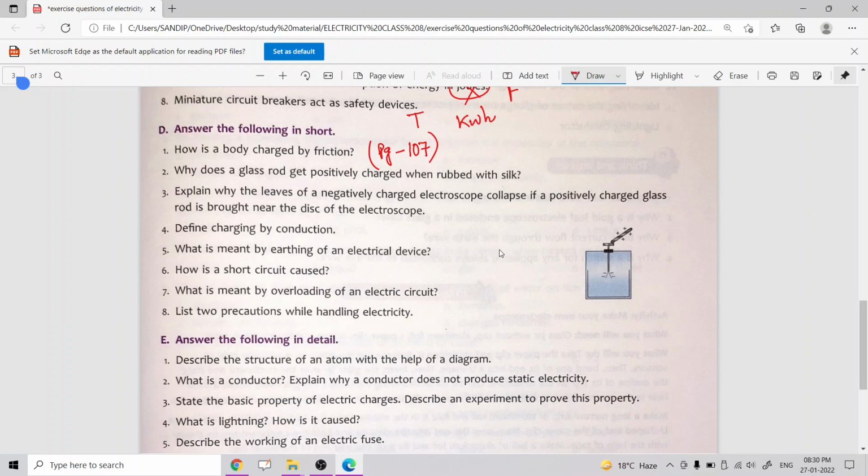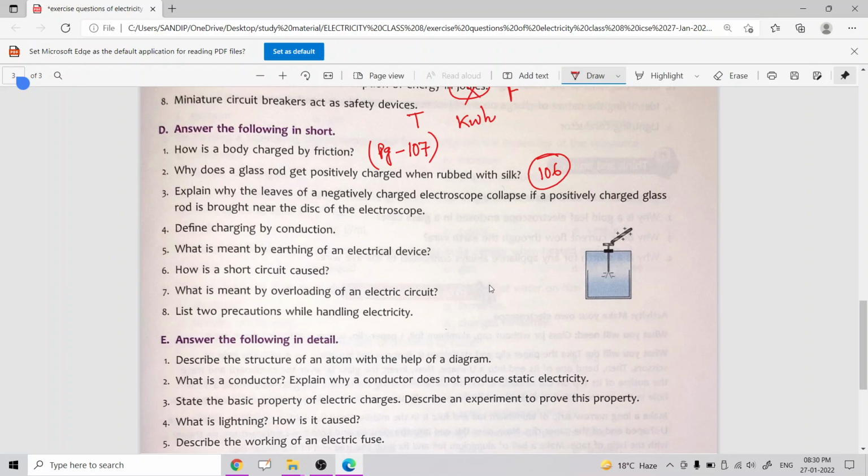That is why the glass rod gets positively charged and the silk gets negatively charged. Okay, so the answer you get on page number 106.